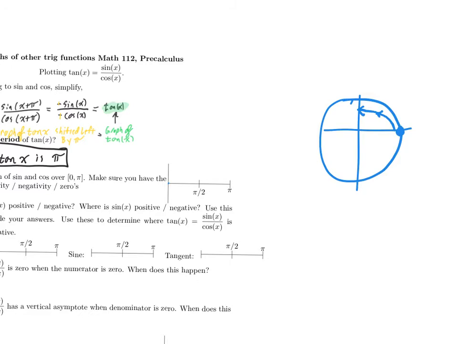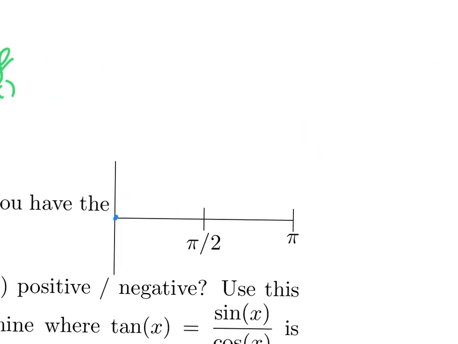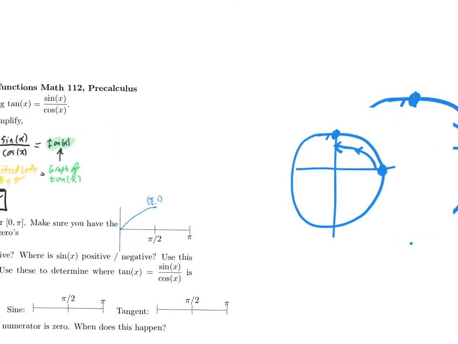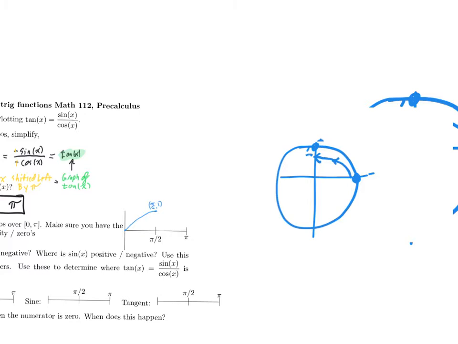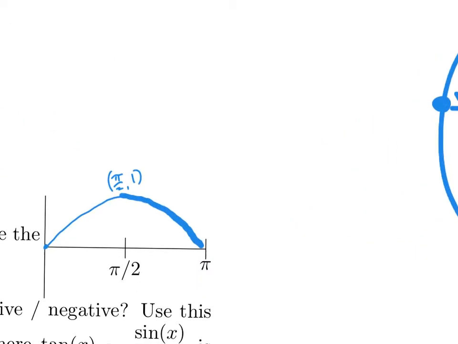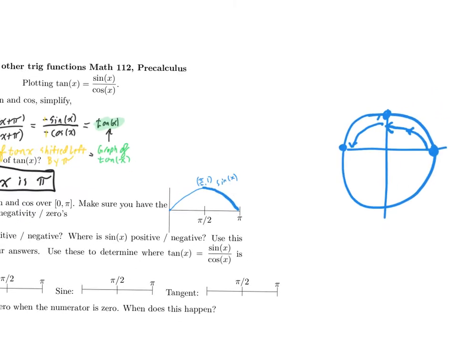It maxes out at a right angle, so at pi over 2, it maxes out to a value of 1. And then the y value of the graph goes back down, until it gets down to 0 at pi. So this blue one is the graph of sine of x.